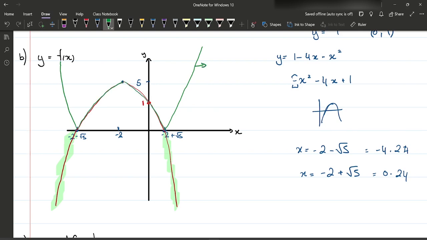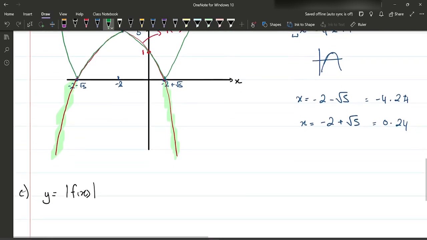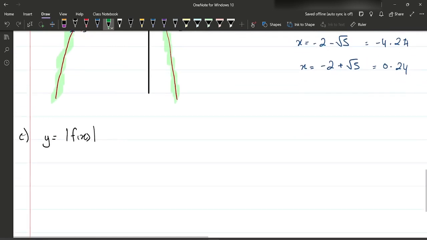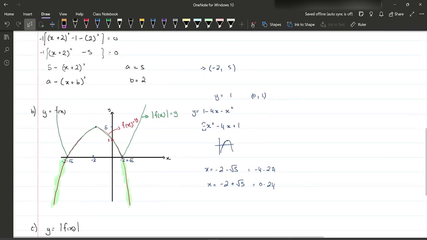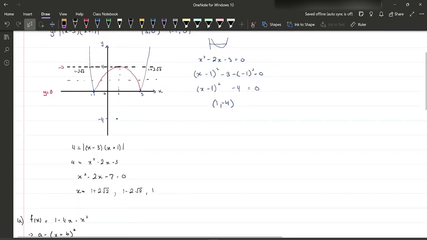The green one is now the modulus of f of x, and the red one, as I could show here, is y equals f of x. Okay, so you do the same thing for cubics as well, and that's pretty much it. Hope you understood. If you didn't, you can leave a comment and I will help you out. Thanks.